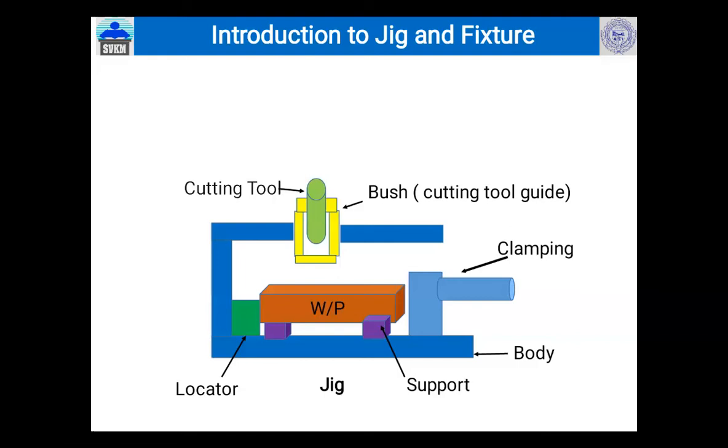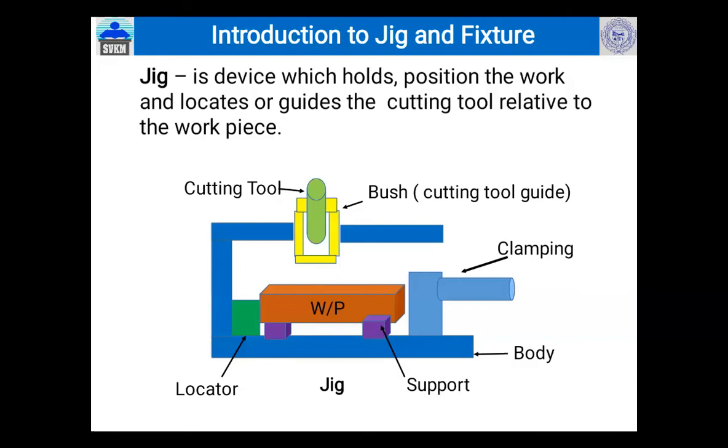So we can define jig as a device which holds, positions the workpiece and locates or guides the cutting tool relative to the workpiece.